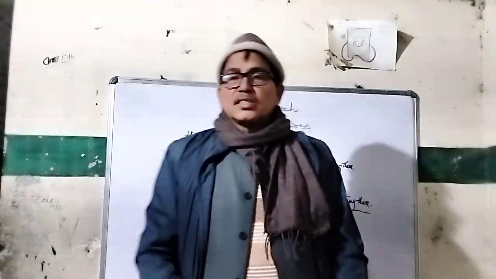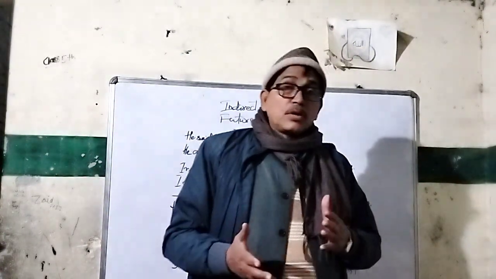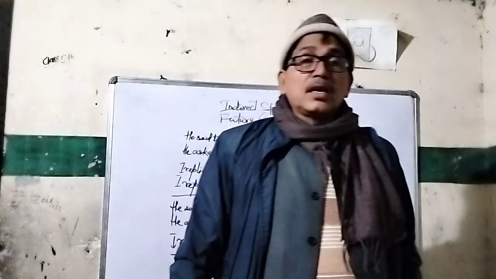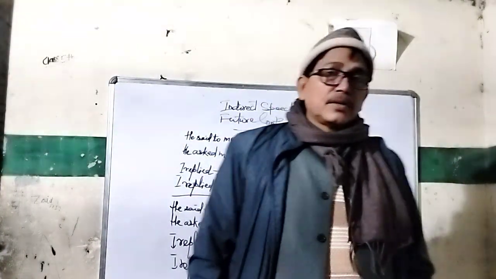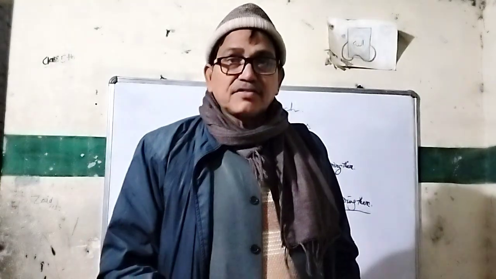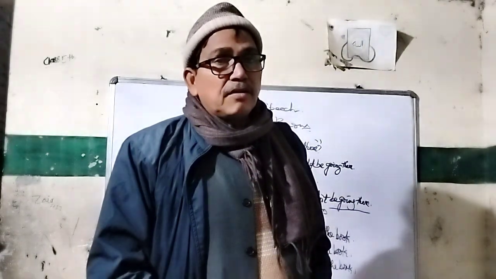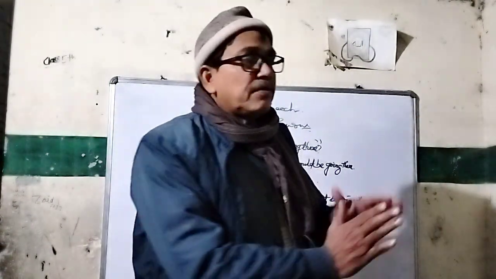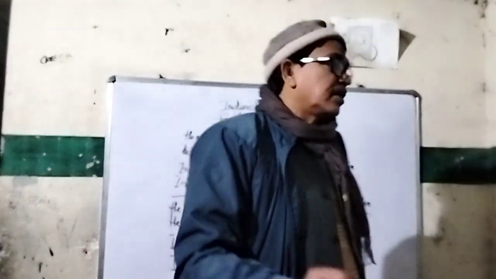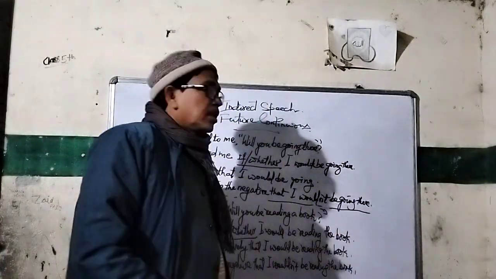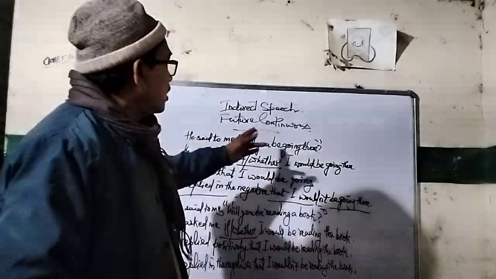So this is very important to know about direct and indirect. Wherever we speak or write, we need direct and indirect speech. As I have said in the previous videos also, whatever others have said, if I want to report it, we use indirect speech. Here we are going to see indirect speech of future continuous.